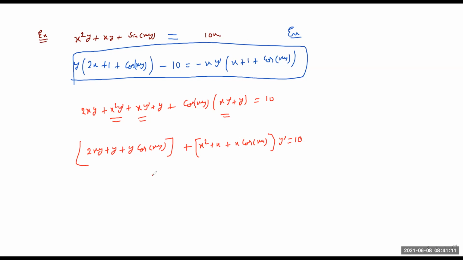So I'm taking this term first, all into y dash equals to 10 minus, and take y common, which is 2x plus 1 plus cos of xy.